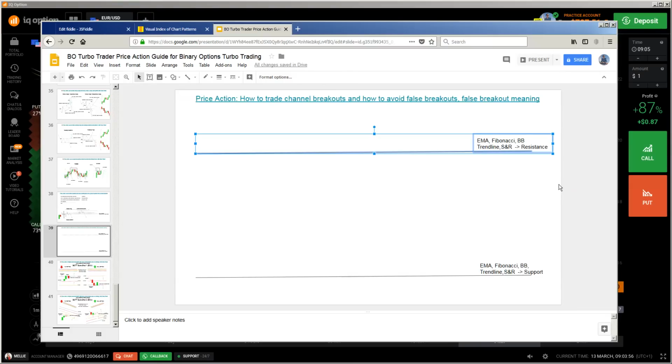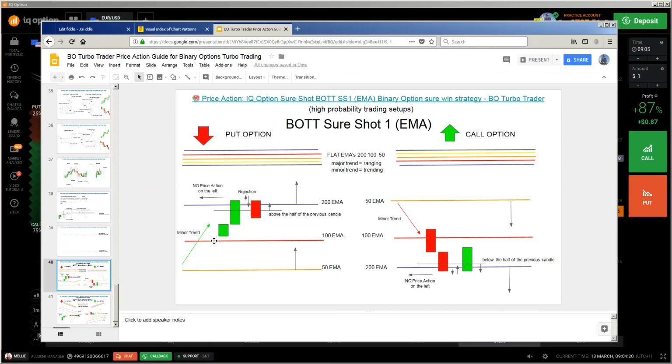Why? Because a Forex trader sets his stop loss and goes in if he identifies a pullback, and then he has unlimited time to get his profits. We have only a limited time, so we have to be careful, and that's the reason why the sure shot, sure shot one, this one, is working.